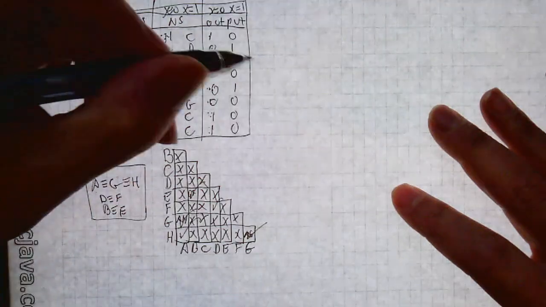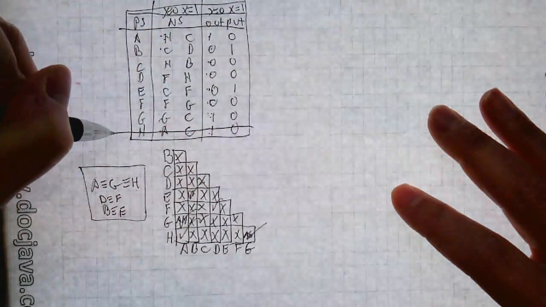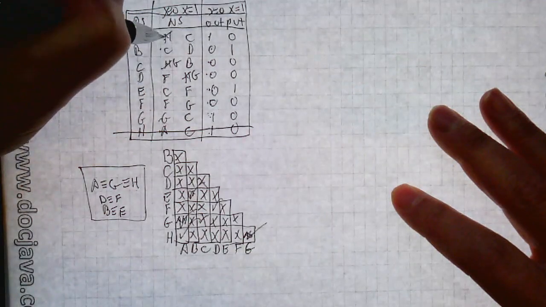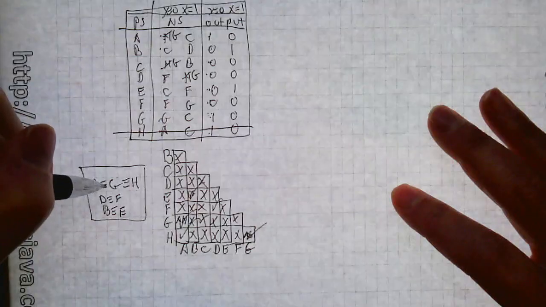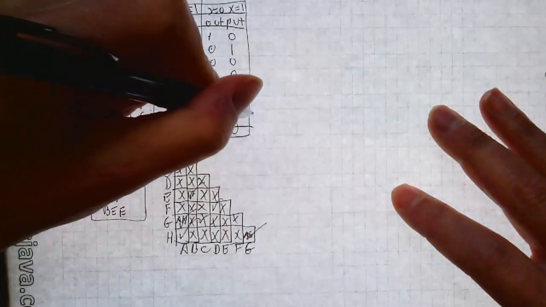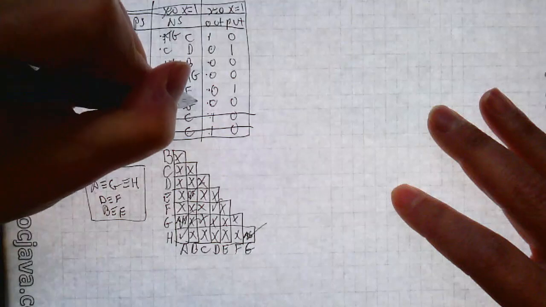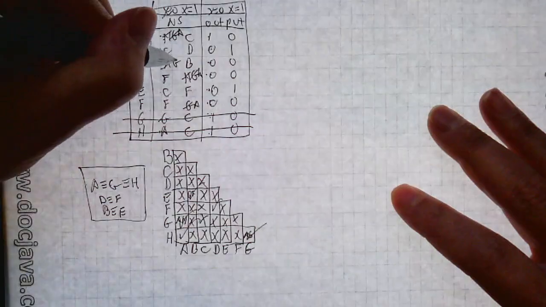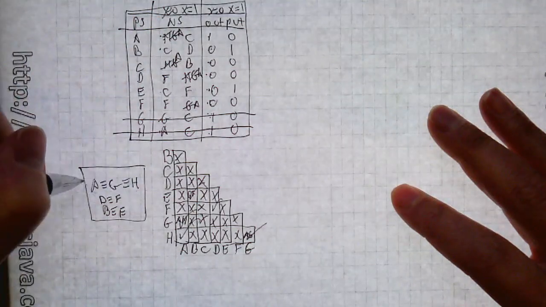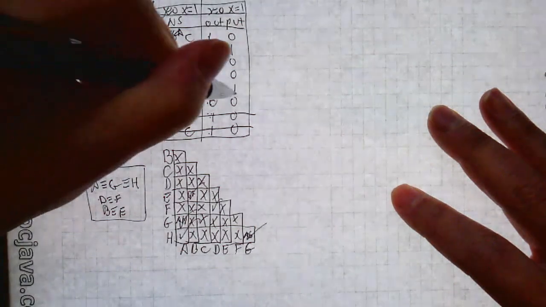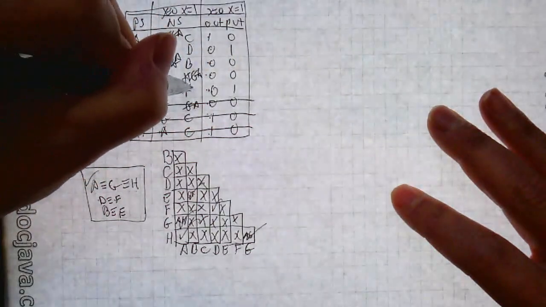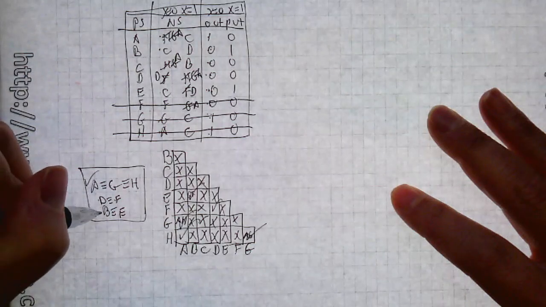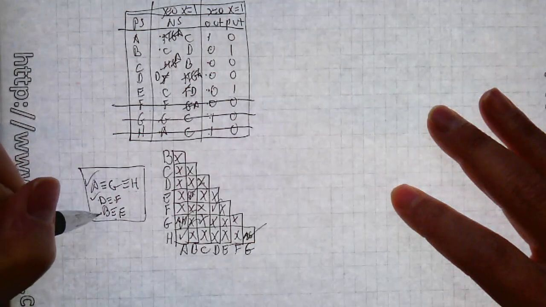Anywhere I see H, I can write in G. Anywhere I see G, I can write in A. Anywhere I see F, I can write in D. Anywhere I see E, I can write in B.